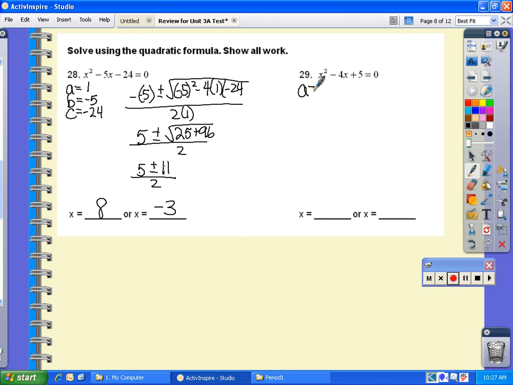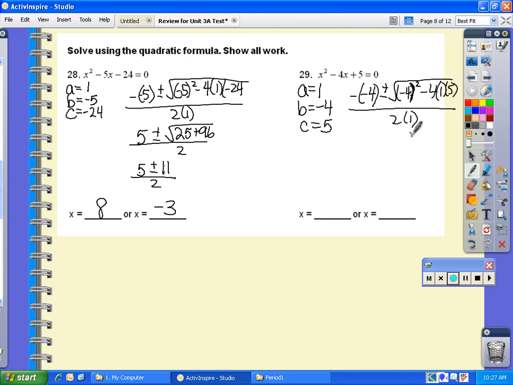For number 29, a equals 1, b equals negative 4, and c equals positive 5. So, negative b plus or minus the square root of b squared minus 4 times a times c, all over 2 times a. Now for this one, you're actually going to get a negative radical, which is 4, all over 2.